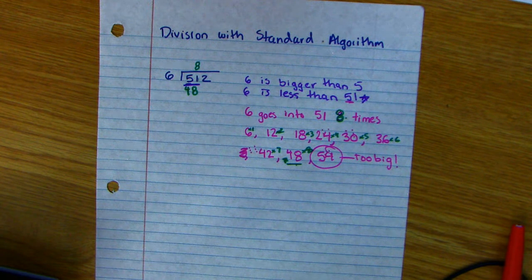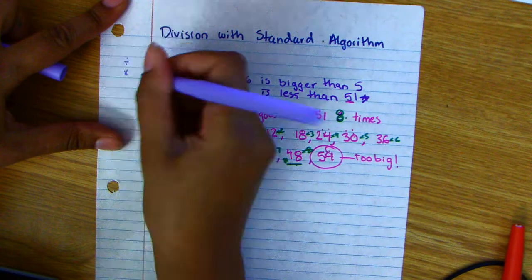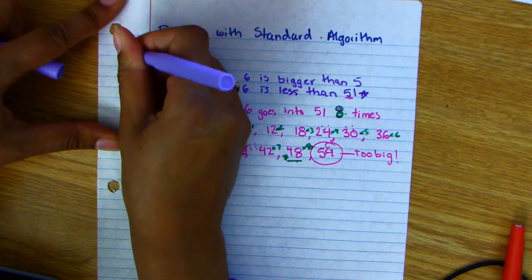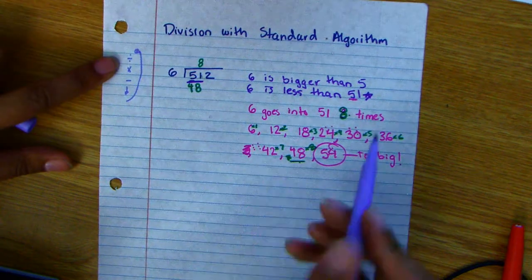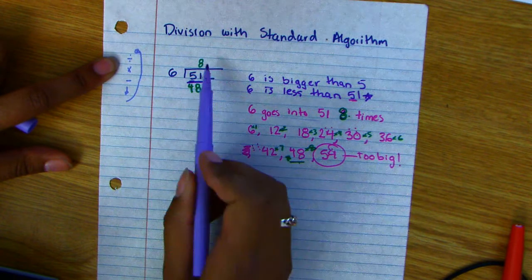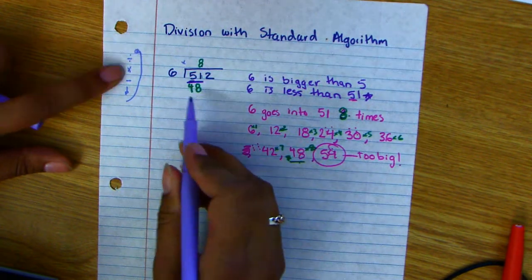Next, we're going to be subtracting. So I'm just writing down really quick. It's going to be divide, multiply, and subtract. Bring it on down, bring it on back. So first we divided by seeing how many times that 6 went into 51. It went in 8 times. So we multiplied 6 times 8 to get 48.